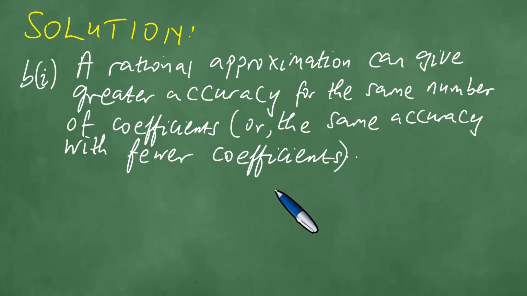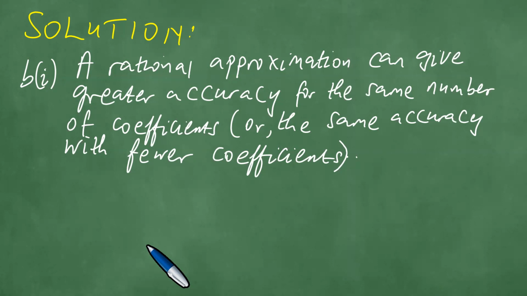A rational approximation can give greater accuracy for the same number of coefficients or the same accuracy with fewer coefficients. So this rational approximation can give greater accuracy for the same number of coefficients or the same accuracy with fewer coefficients.